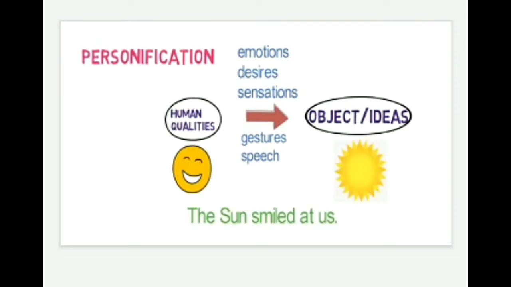For example, the sun smiled at us. Here smiling is a human quality, and it is given to an object, the sun. So a human quality or emotion is given to an object or idea; that is personification.